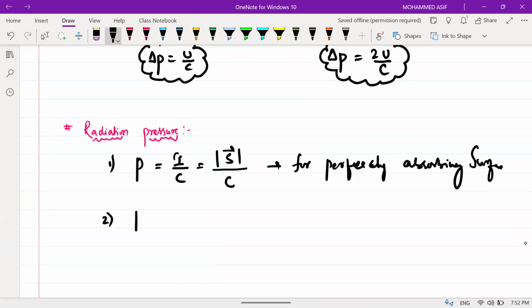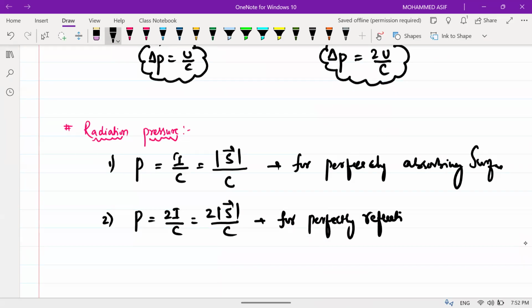In the same way, pressure will be 2I divided by C, or 2 times mod of S divided by C. This is for a perfectly reflecting surface. Very important formula as well.